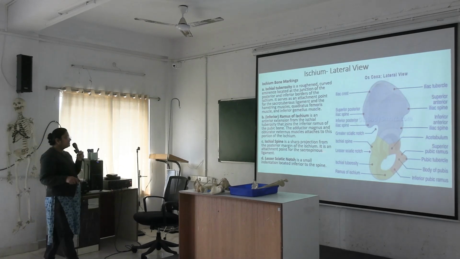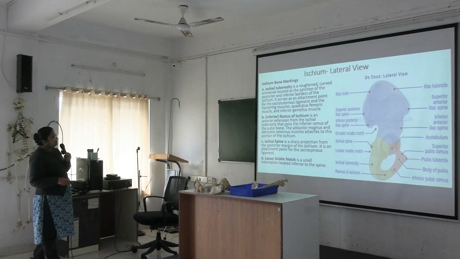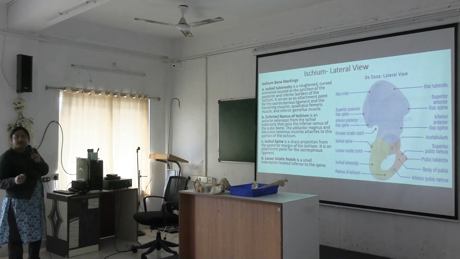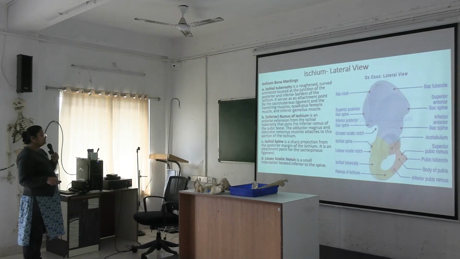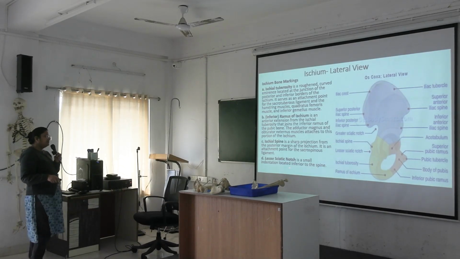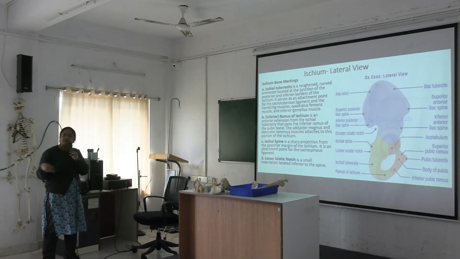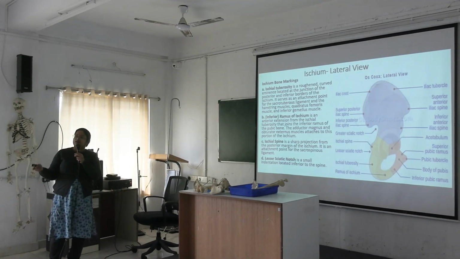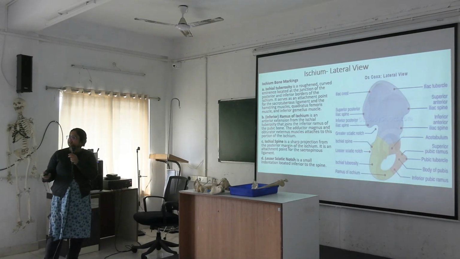It is a sharp projection from the posterior margin of the ischium, and it is an attachment point for the sacrospinous ligament. Next is the lesser sciatic notch. Below the spine, it is a small indentation located inferior to the spine. Here is the lesser sciatic notch. Through it pass the piriformis structure, pudendal nerve, internal pudendal vessels, and nerve to obturator internus.